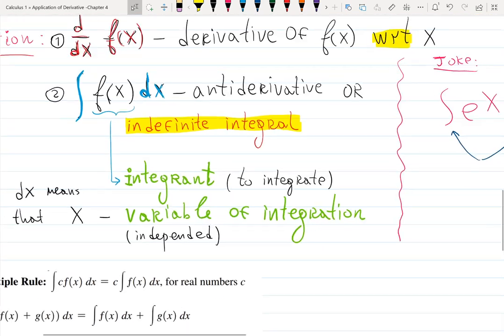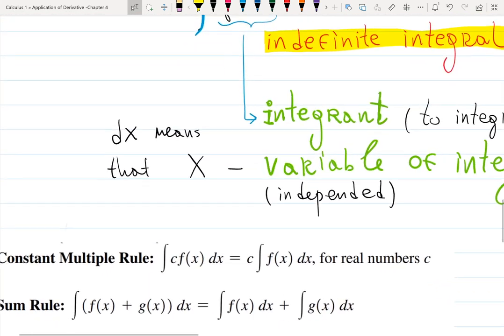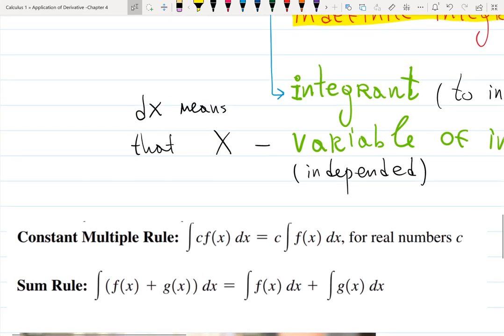Now, since we have the sign of integration, look how beautifully it looks when you print it. Then we can have some basic properties which we know from differentiation: the constant multiple rule and the sum rule. Basically, these rules are the same.